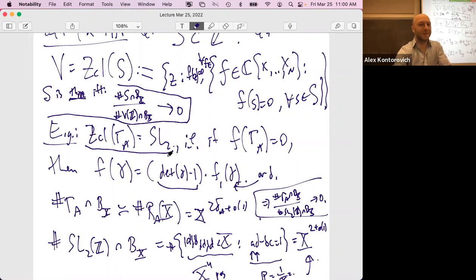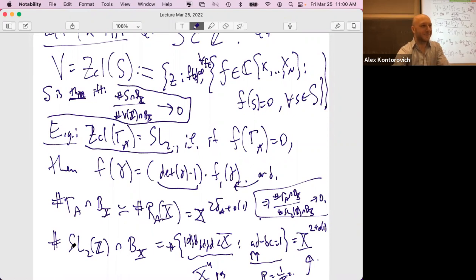But in an Archimedean sense, you get almost nothing. You get 0% of the matrices of SL2 in the sense of Archimedean density actually occurring in gamma A, even though all polynomials that vanish on gamma A also vanish on all of SL2.